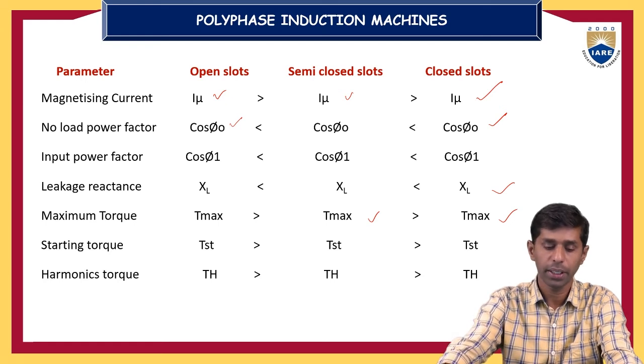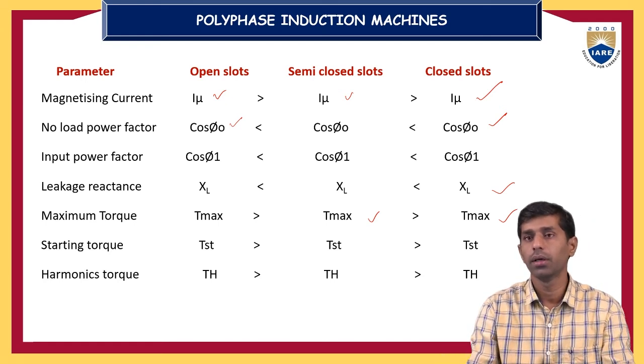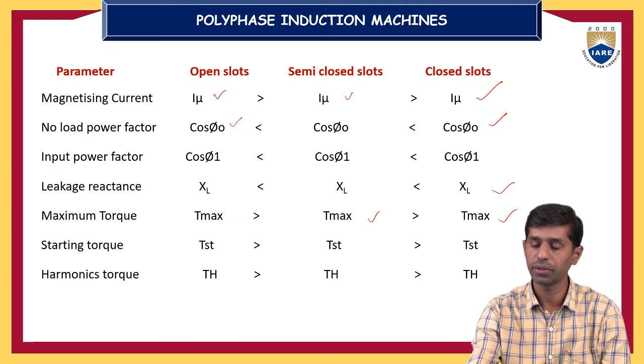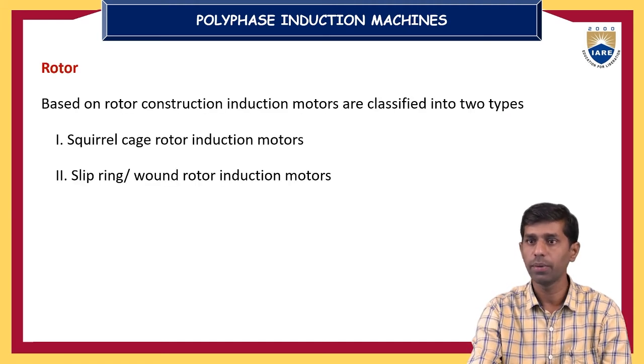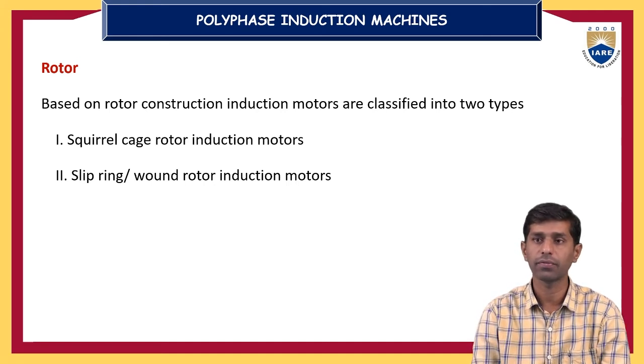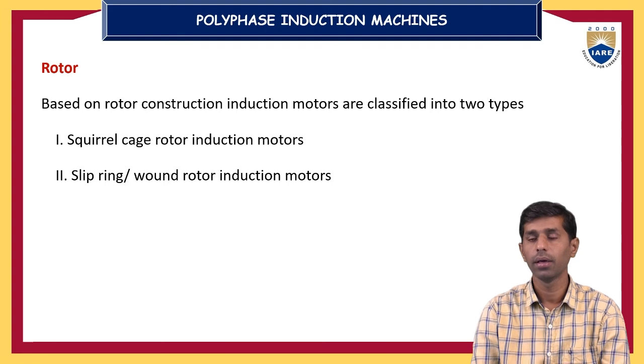So by the comparison of the three types of slots, open type, semi-closed and closed type slots, generally in three-phase induction machines, semi-closed type slots are preferable because they have a partial advantage of the closed type as well as the open type slots.